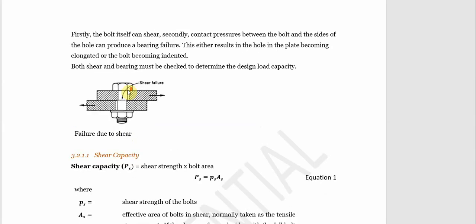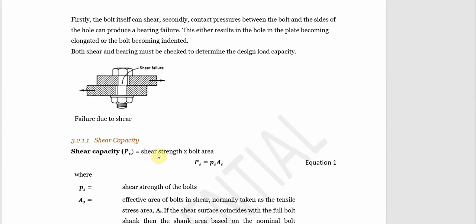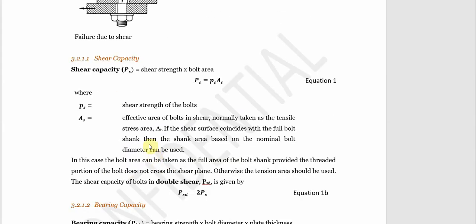Now there is something we call the shear capacity, which is the shear strength times the bolt area, as I said the other time, according to BS 5950. The shear strength and the bolt area are both calculated.